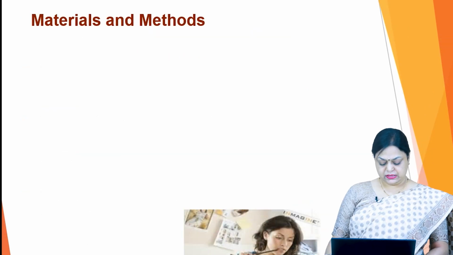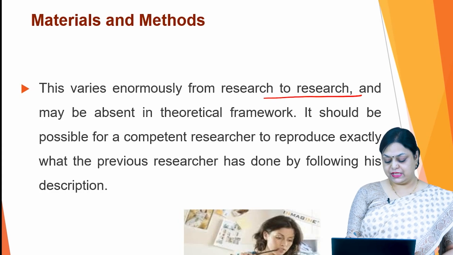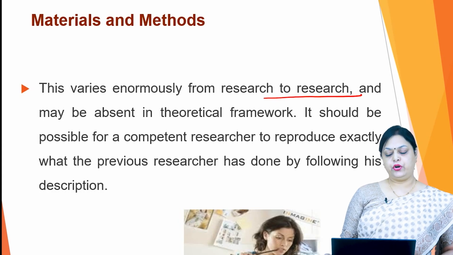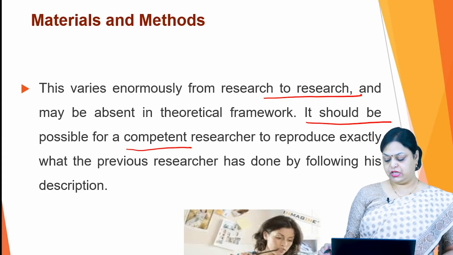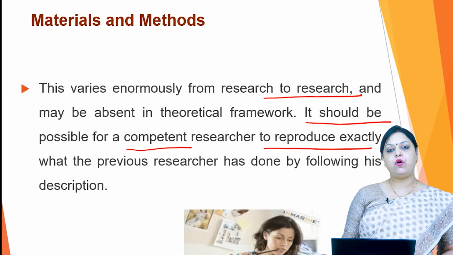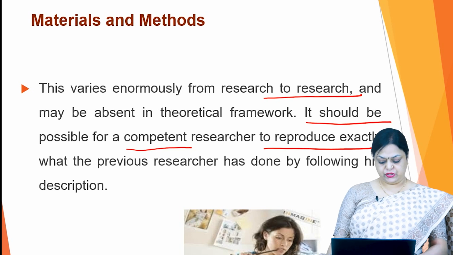Material and methods. This varies enormously from research to research and may be absent in a theoretical framework. It should be possible for a competent researcher to reproduce exactly what the previous researcher has done by following the description.